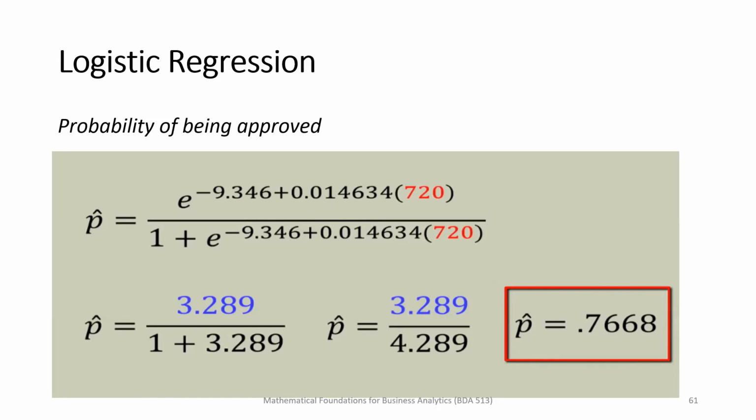The probability is given by Euler raised to the power of the regression equation, divided by 1 plus Euler raised to the power of the regression equation. Then if you want to calculate the probability for a particular value, you plug it in. This time, our credit score was 720. So we plug it in, and then we are able to calculate the probability.